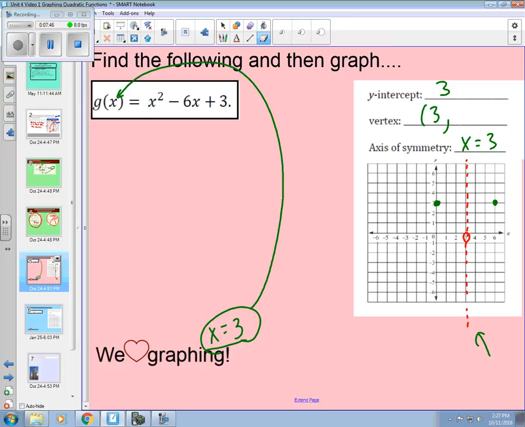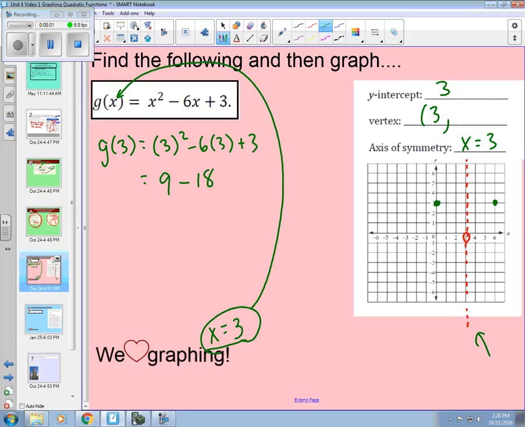If we do that, we should end up with the y value. So what we want to find is, what is this function at 3? What do we get if we plug 3 in? Well, 3 squared is 9. 6 times 3 is 18. 9 minus 18 is -9. If we add 3 to that, we get -6.